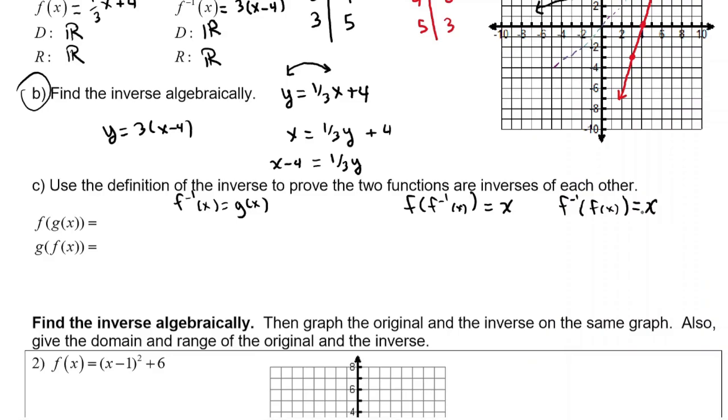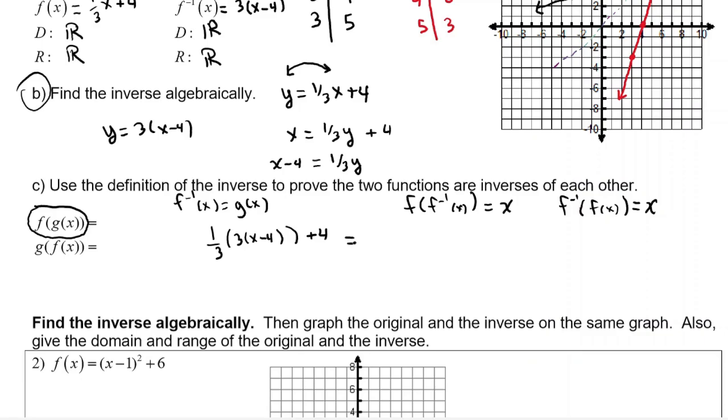All right, so let's try this with our example. Okay, so we had 1/3 x plus 4. So I'm going to do f of g of x. So remember now, g of x is equal to f inverse. So I'm going to take my 3 times the quantity x minus 4, and I'm going to plug it in for x.